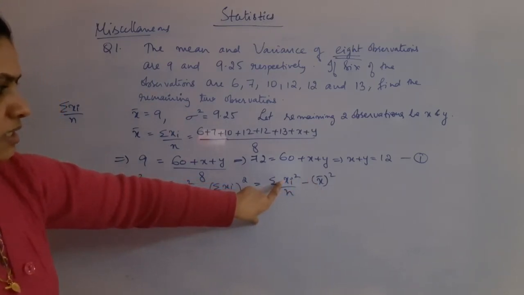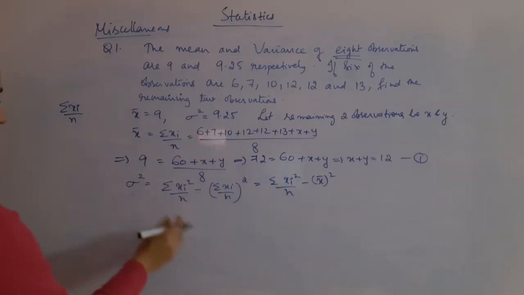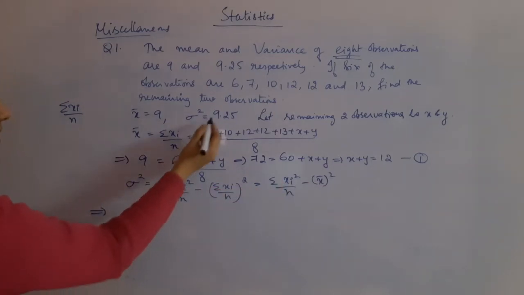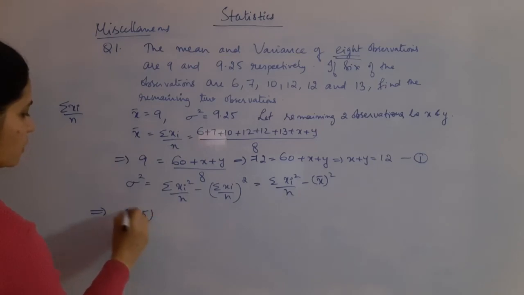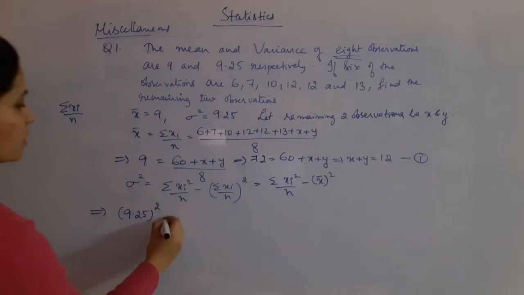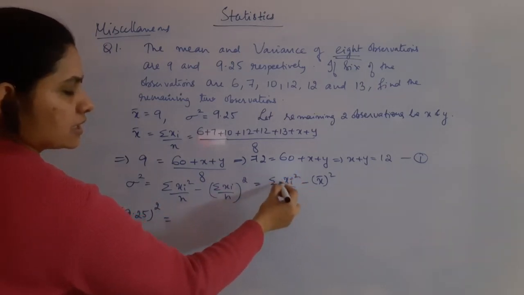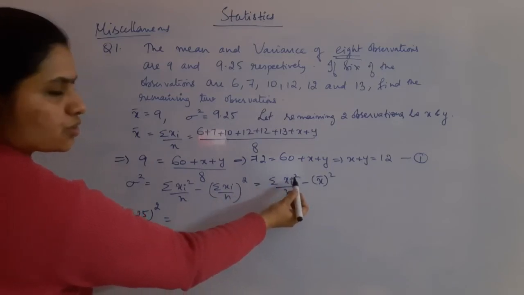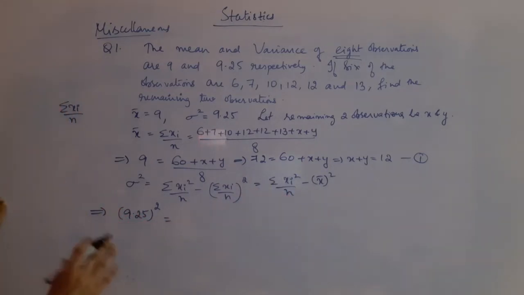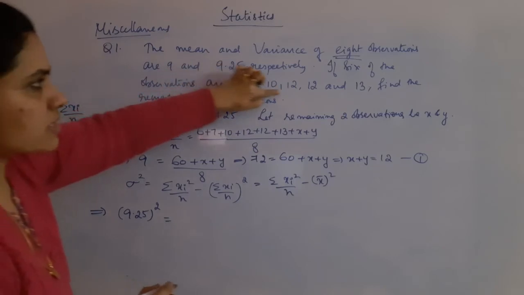What is the meaning of this one? Let's see. Sigma square can be replaced with 9.25, equal to x1 square plus x2 square plus etc. plus xn square, the squares of the observations, and you are adding them. The first 6 you know.